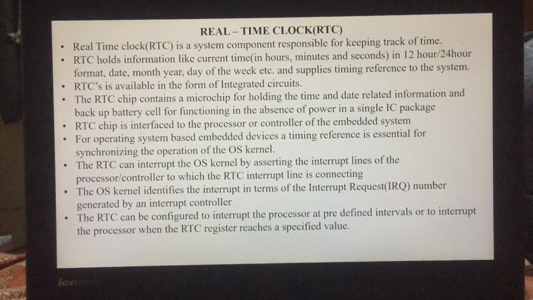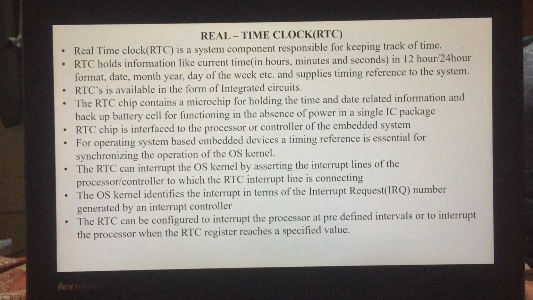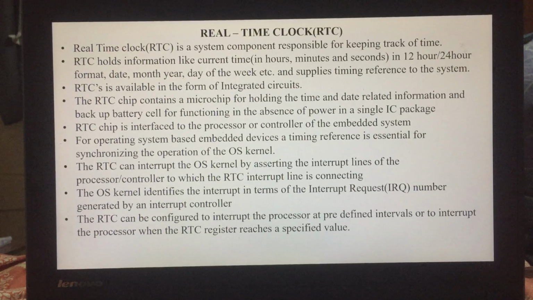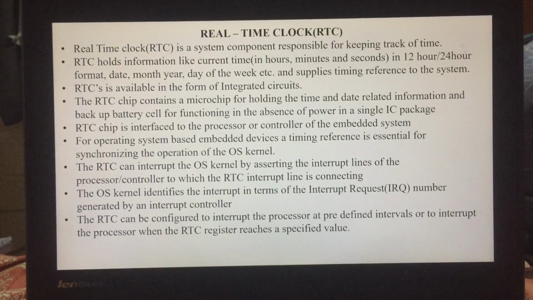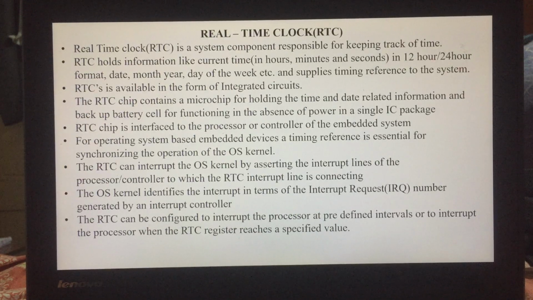RTCs are available in the form of integrated circuits. The RTC chip contains a microchip for holding the time and date related information, and it also has a backup battery cell for functioning in the absence of power. The RTC chip is interfaced to the processor or controller of the embedded system.